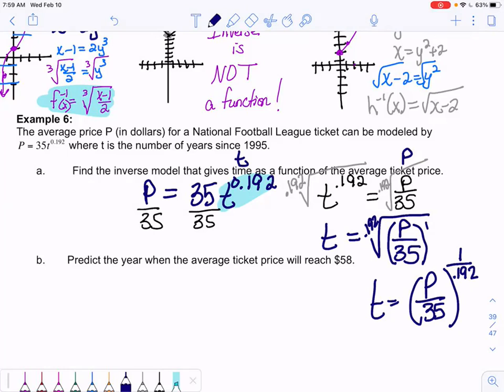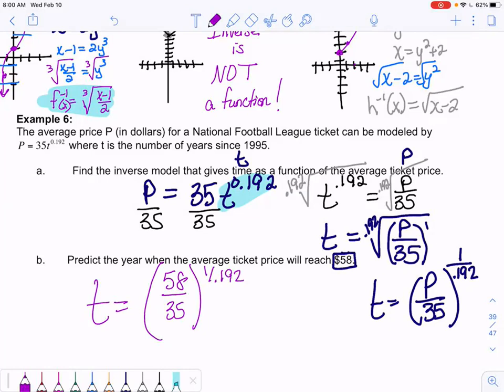So the last part here says, predict the year when the average ticket price will reach $58. Riley, what does that $58 go into? The price. So our price is $58. We're going to plug that into the calculator, and then take it to the exponent of 1 over 0.192. Use the little caret button in your calculator.